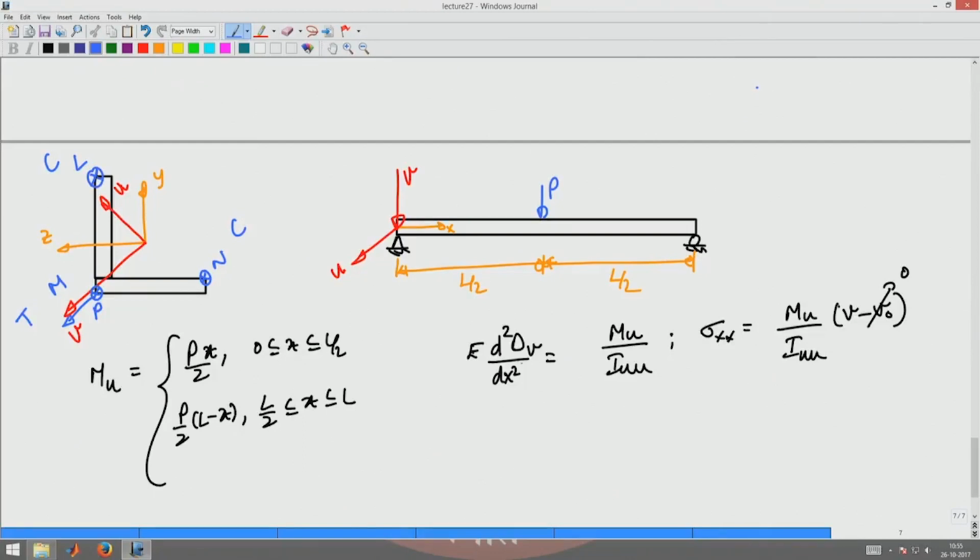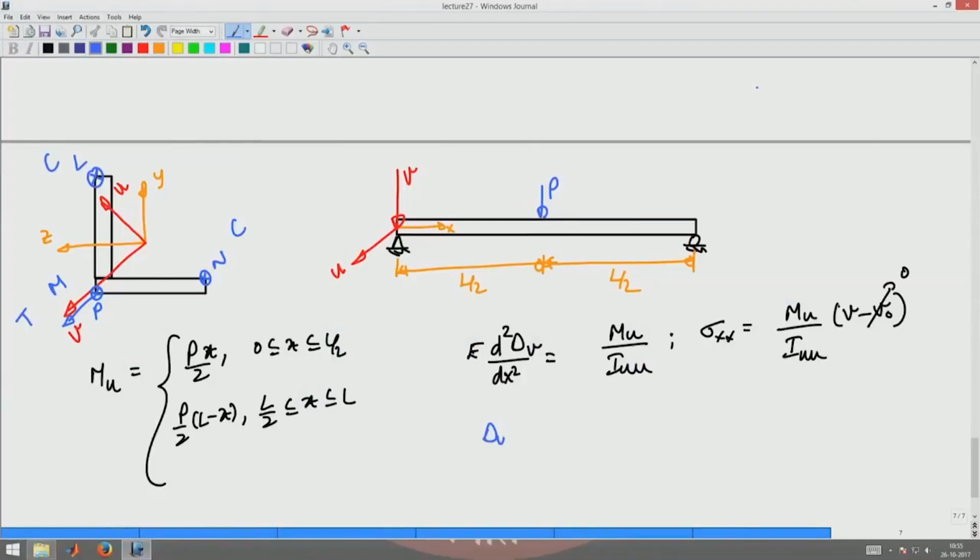And again to find delta V you have to use the same relationship that we found before, and you will find that delta V at L by 2 is again given by P L cube by E Iuu into 1 by 48. Okay, in this case. Okay, that is along the delta V direction.